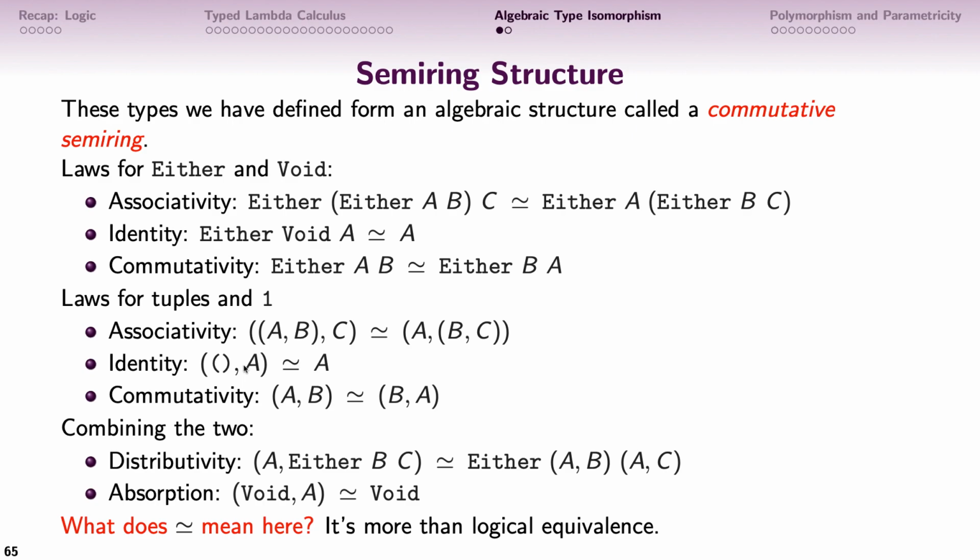Well, it's the same number as however many values there are in A, right? Similarly here, how many values are there in a tuple of void and A? Well, in order to construct a tuple, I need to construct a value of type void, and there are 0 inhabitants of type void, so there's 0 inhabitants overall.